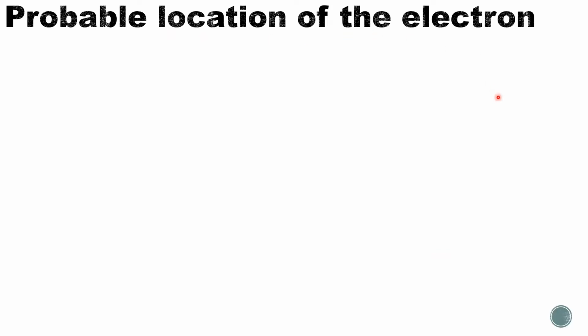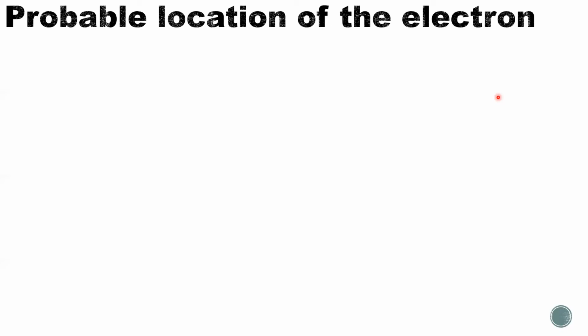In this video, we make a better modification of the previous model, the Bohr model, where electrons sit in circular orbits. Later on, people found that electrons do not sit in just one circular orbit. They can show up almost everywhere around the nucleus, but the probabilities are different.